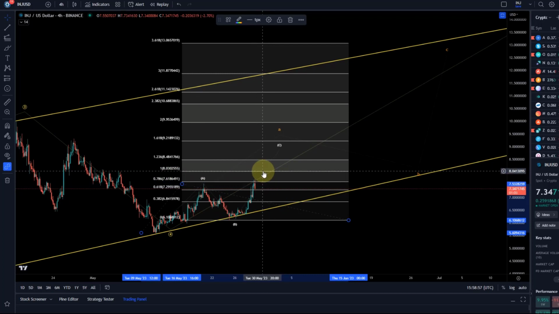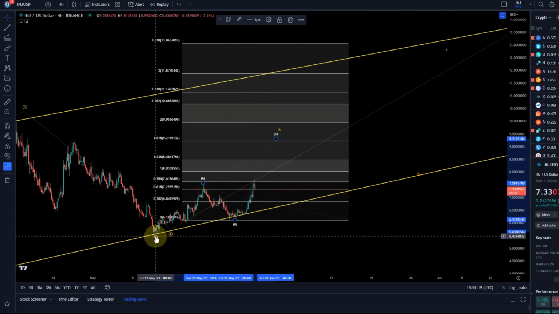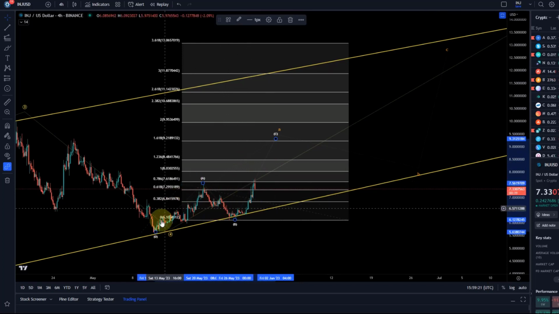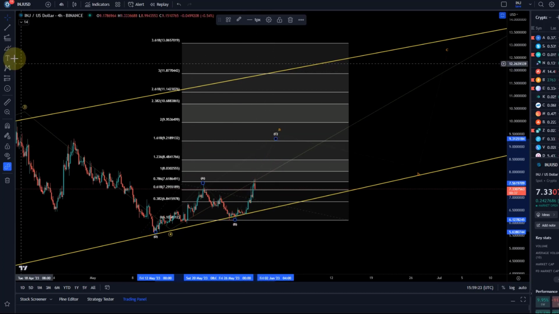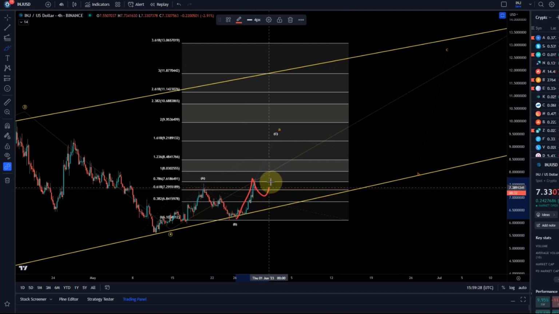But ideally, I'd like to see the 1-to-1 ratio. That's a very common one. It doesn't need to get there, but otherwise it would be a very, very short wave C. So we've got $8, 8.48 and 9.21. These are the standard target range for a C wave. If we don't even get there, it might be possible this is not an ABC, but a WXY pattern, where the Y wave itself is a three-wave move and it's doing something like this.